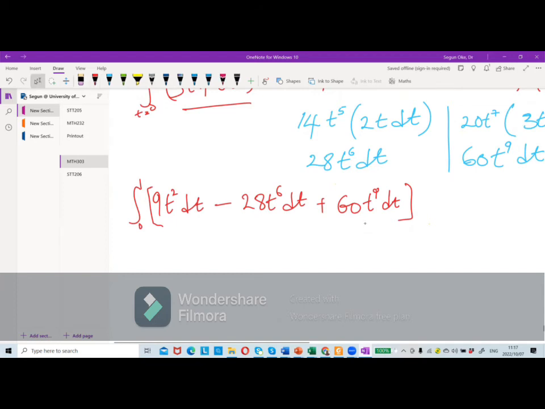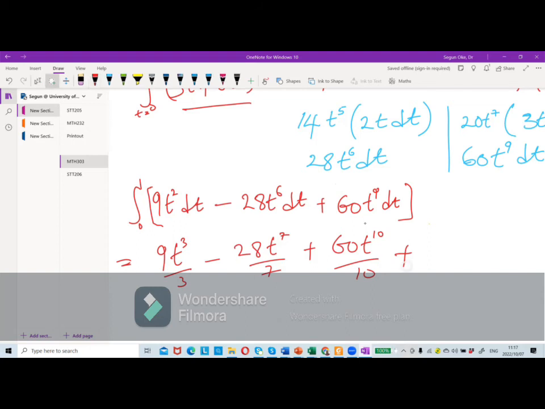So let's integrate. You have 9t cubed over 3, minus 28t^7 over 7, plus 60t^10 over 10, plus what?